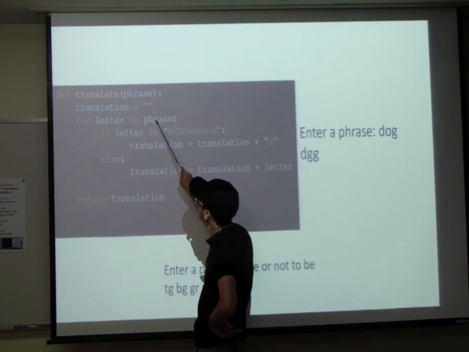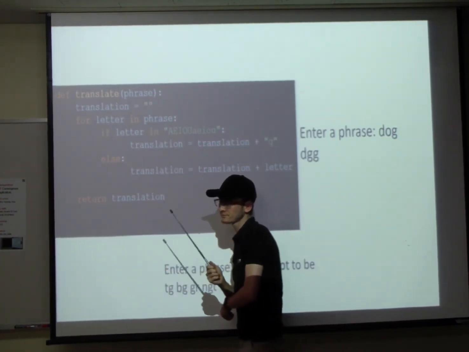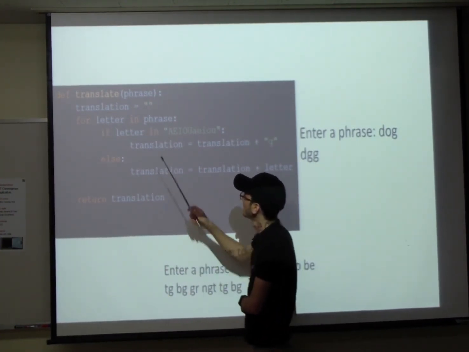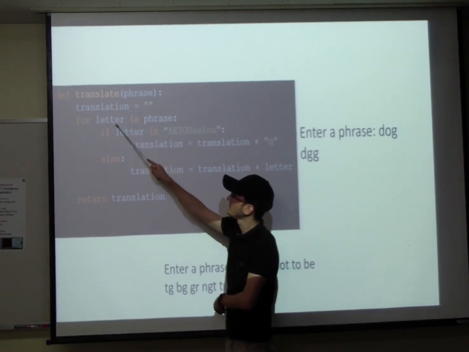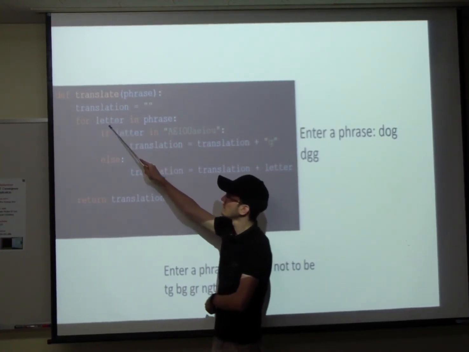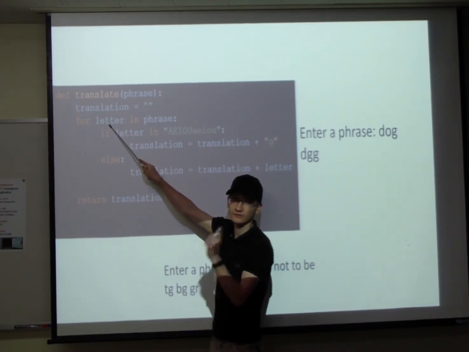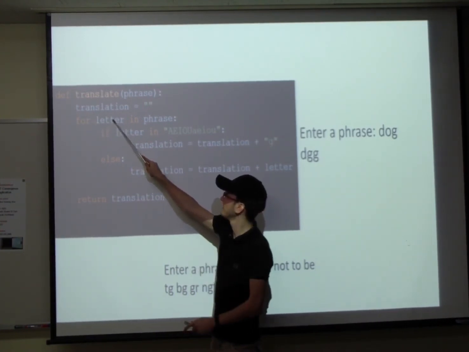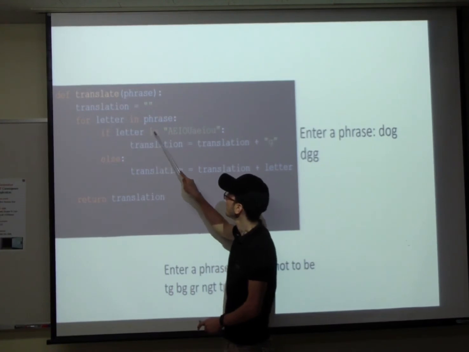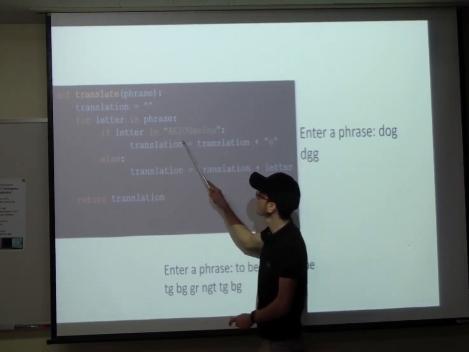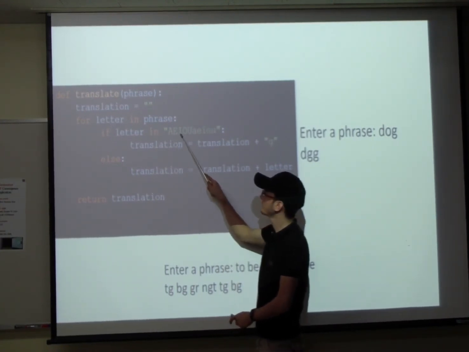Letter in dog. Taking now letter first, this variable takes D first, because dog. Now this is D. Is D in this string? Do we have D here?